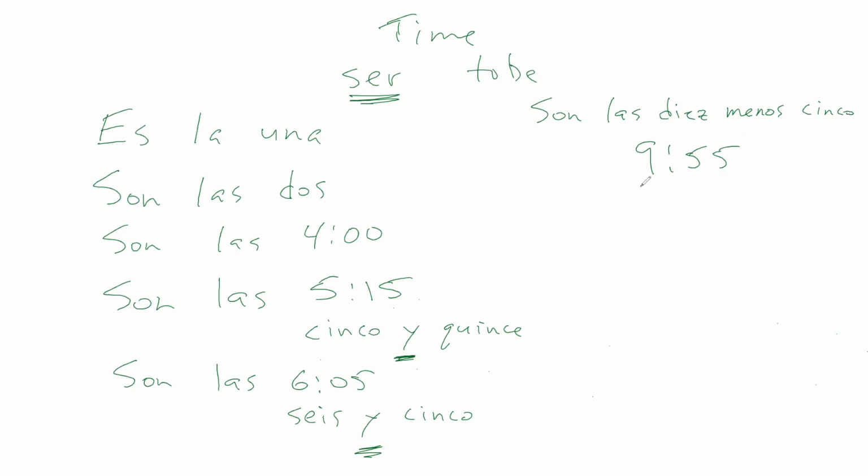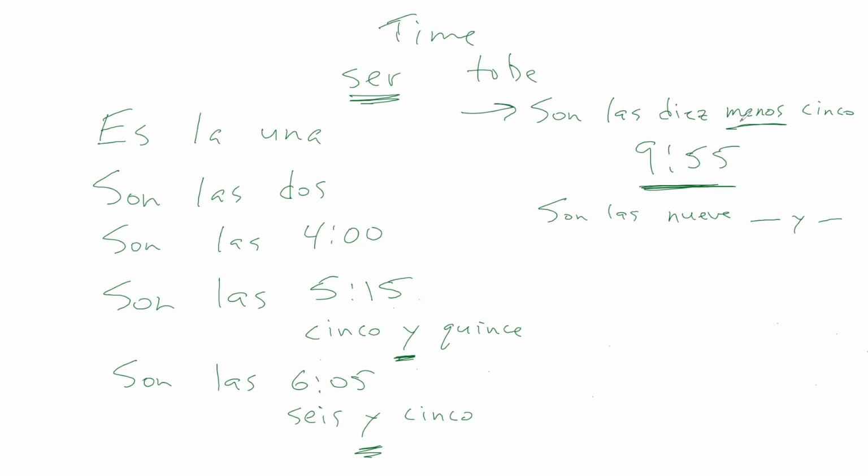You could say it's 9:55, which would be son las 9, 55, okay? So you can say 9:55, or as up here, it's 5 to 10, or in Spanish, you say minus. Son las 10 menos 5, okay?